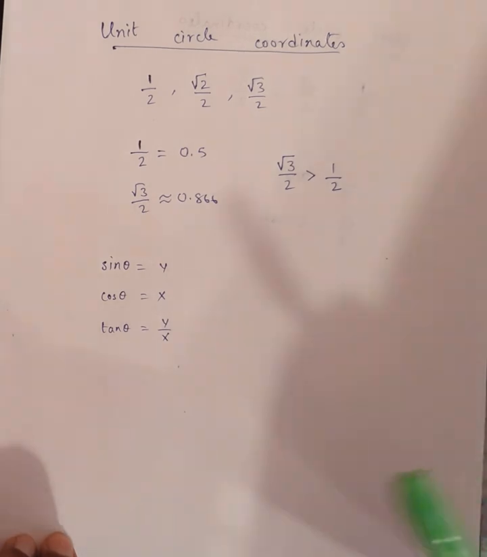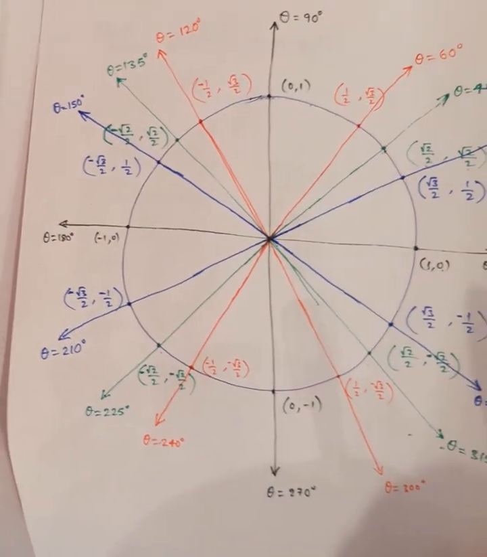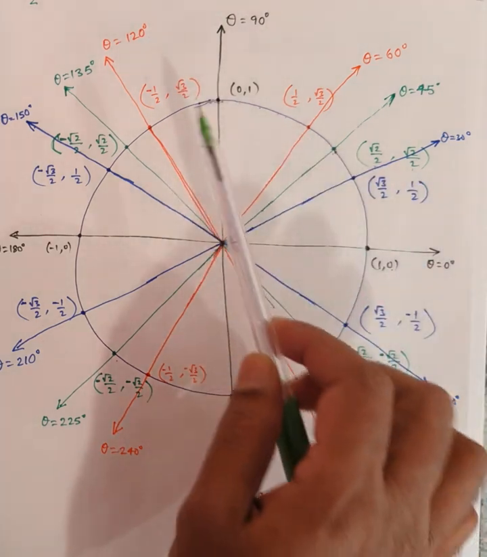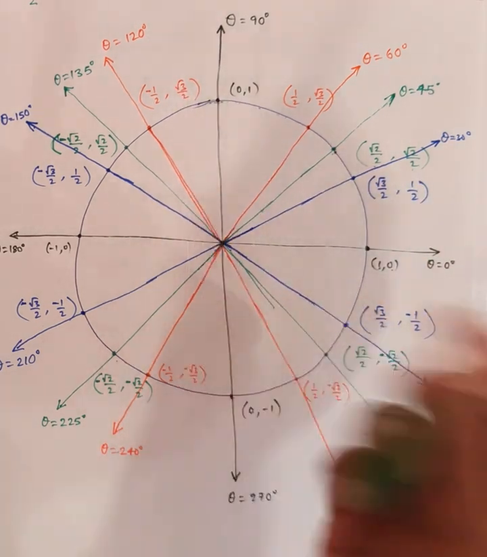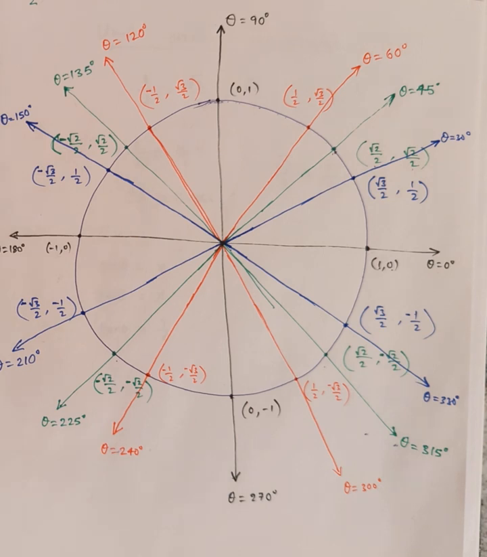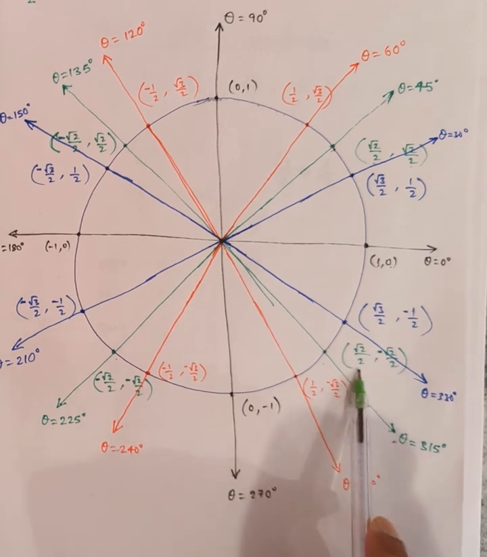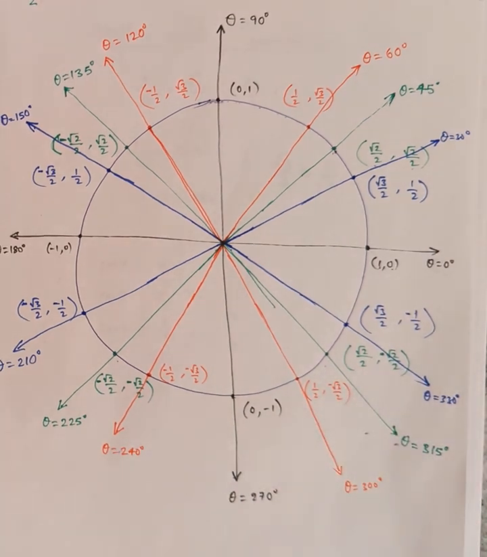So with that, if you want to know what is, say for example, sine 120 degrees, then you just look at the y coordinate and say it is root 3 over 2. If you want to know what is tan of 315 degrees, then you take the y coordinate, which is negative root 2 over 2, and divide by the x coordinate, which is root 2 over 2. So they are opposites, the ratio will be negative 1.